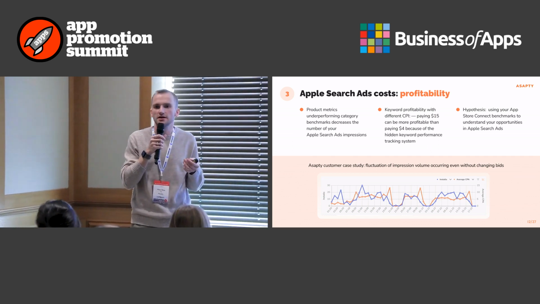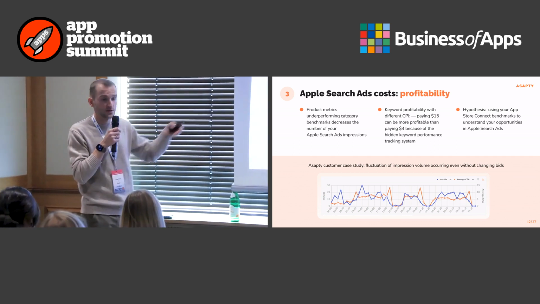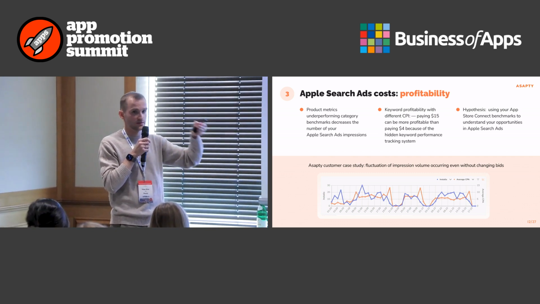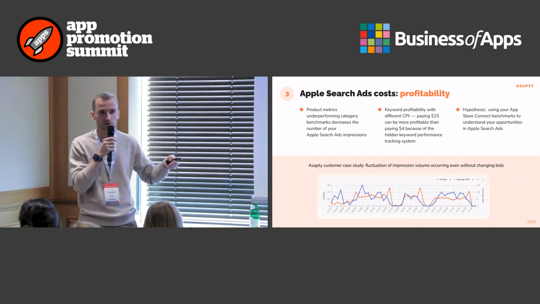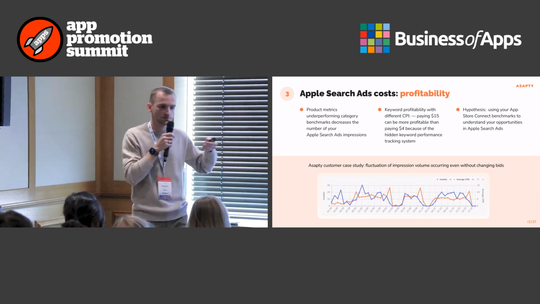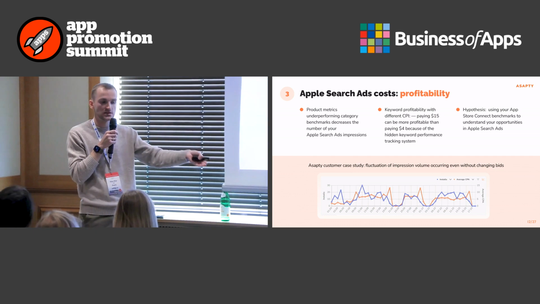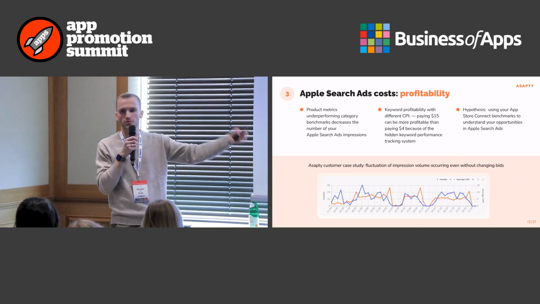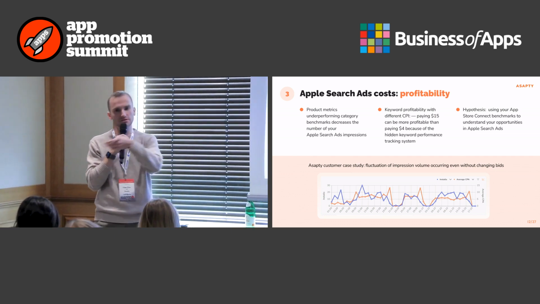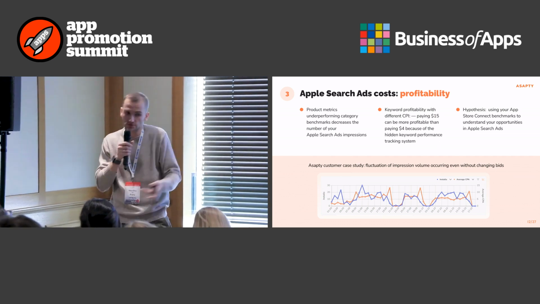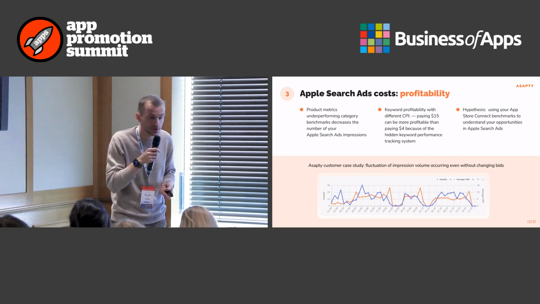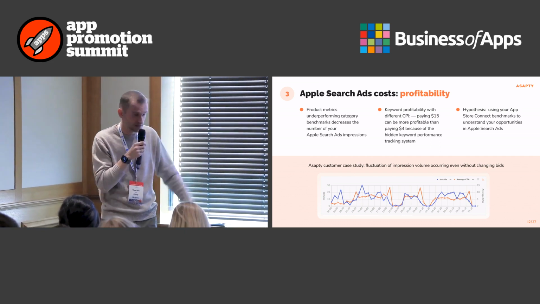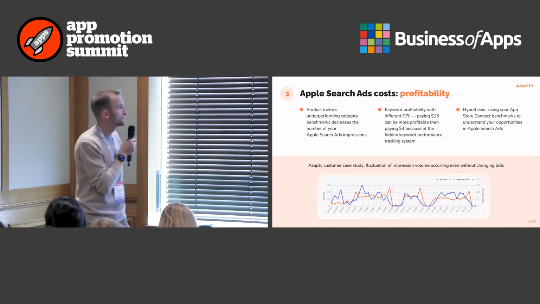Basically they are similar keywords, but one of them will cost $2 and another will cost $8. This happens because Apple knows that this keyword will bring you much more revenue than that keyword. So this keyword should cost more, because obviously Apple knows how much revenue you get. So it makes perfect sense.